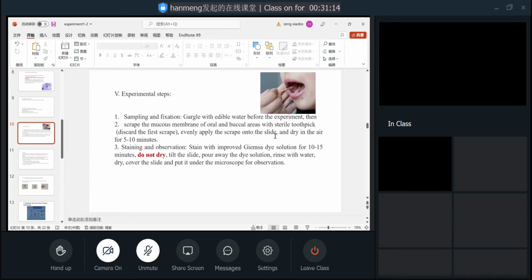Then it is easy for you to observe the Barr body.